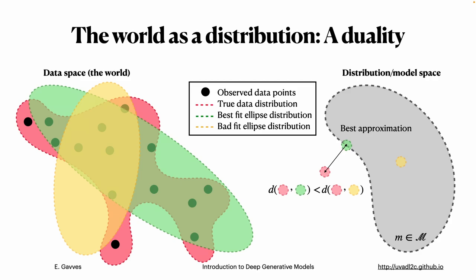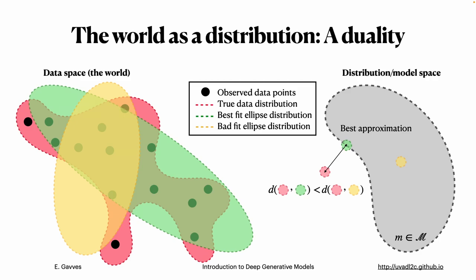What makes the green better than the yellow? Contained in it, I guess. Right. So you want to have the best possible coverage, or in terms of probabilities, you would like to maximize the likelihood of all the data points under this distribution, correct?